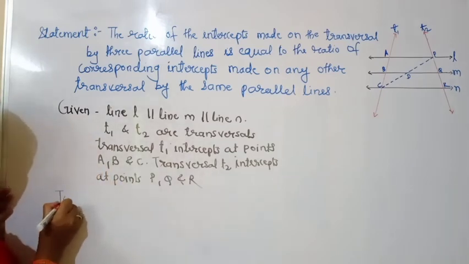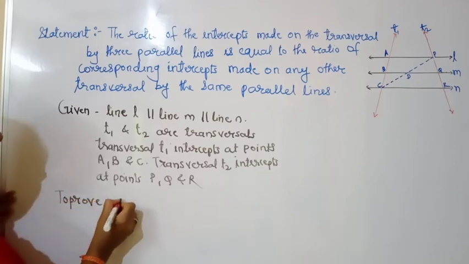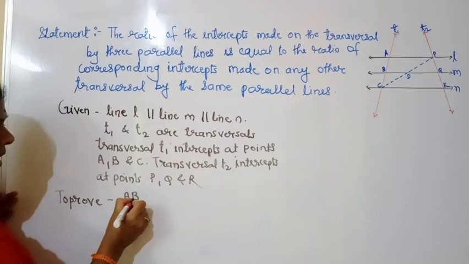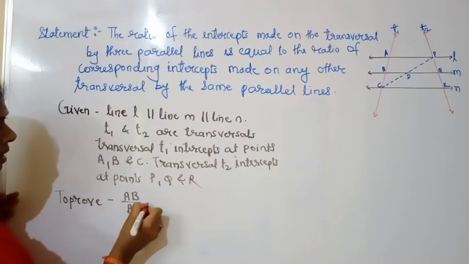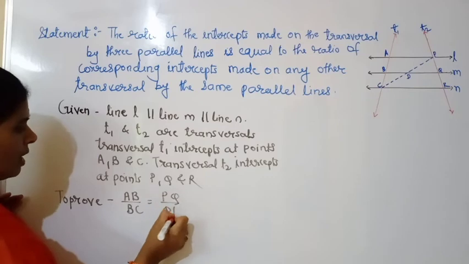Now, to prove. What is to prove? That is AB upon BC equal to PQ upon QR.